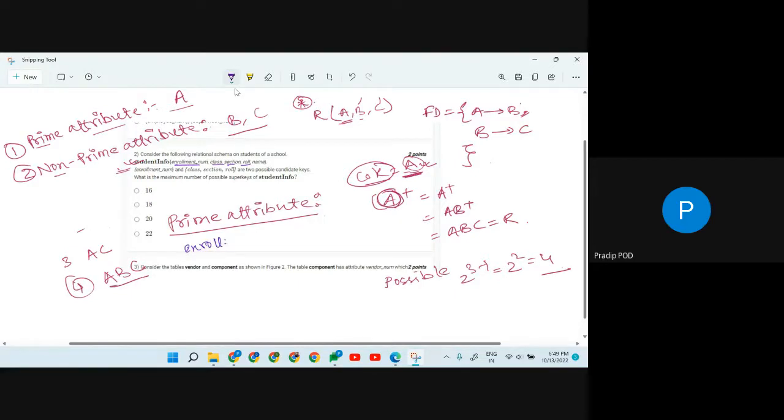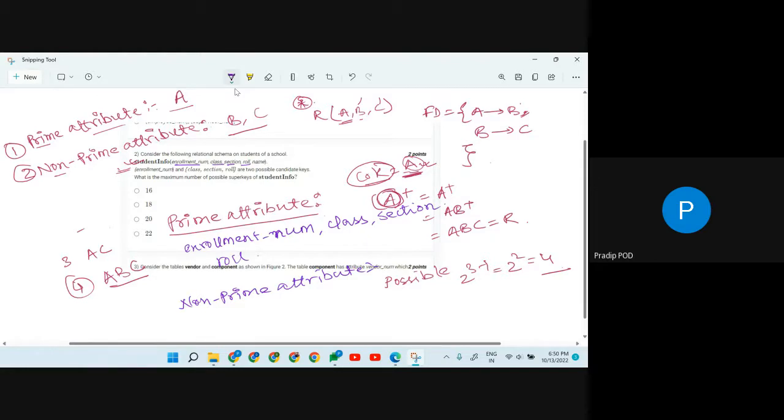Enrollment is your prime attribute, and the non-prime attribute is only name, because it is not present in the candidate key.